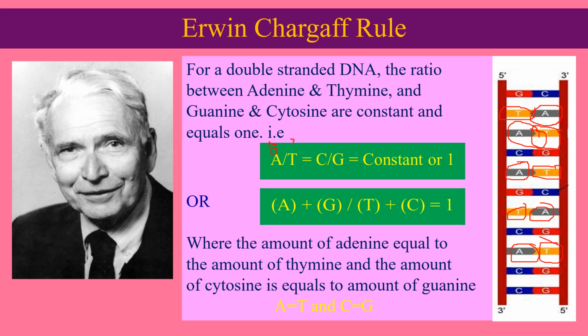The number of thymine is also the same, 5. Like that, the number of cytosine and guanine: 1, 2, 3, 4, 5, 6. The number of cytosine is 6. Guanine: 1, 2, 3, 4, 5, 6. The number of cytosine and guanine is also the same.